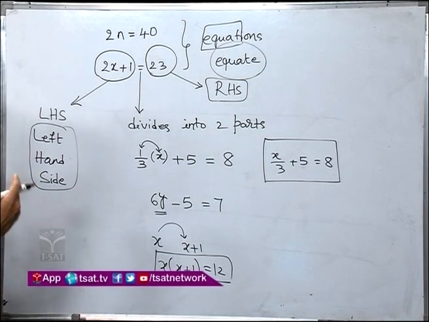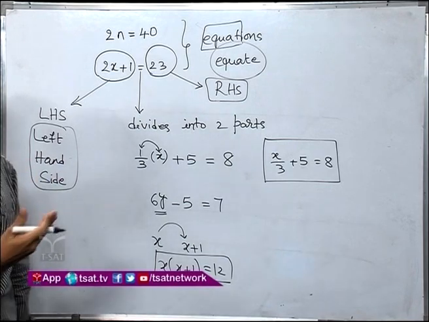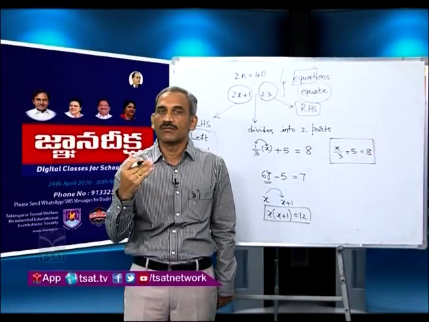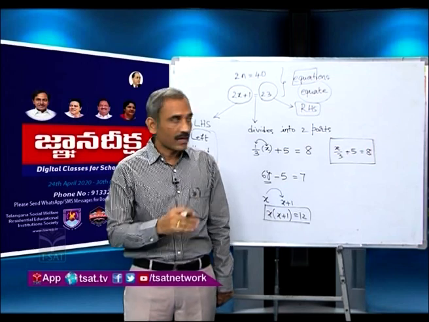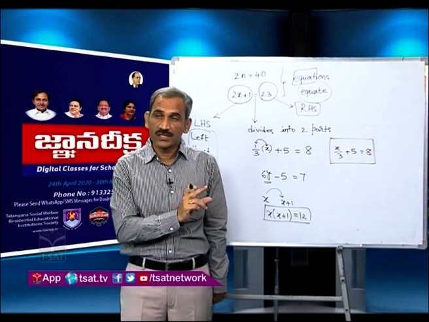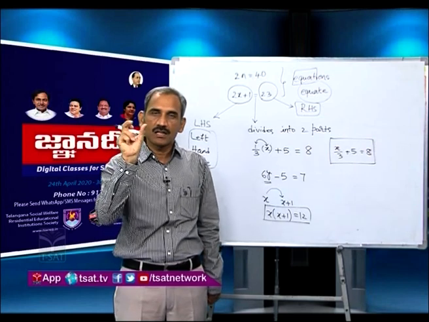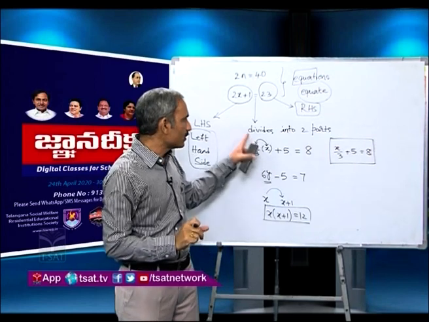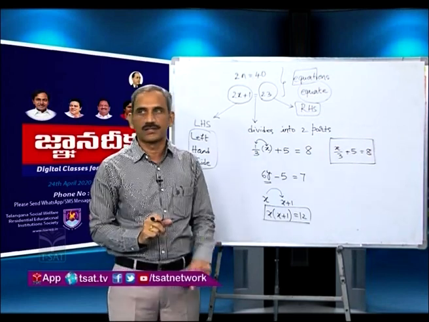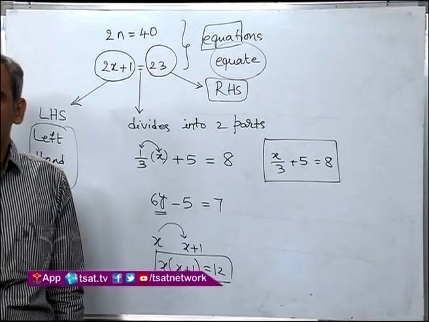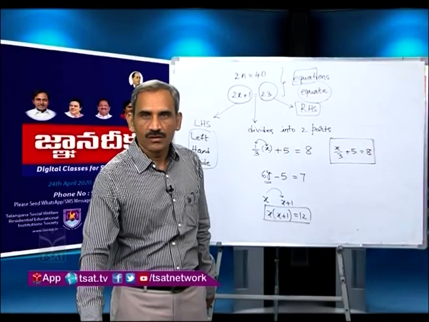Like this, we can frame equations based on the given statements, right. Forming the equation is also very important. If you understand the statement correctly, only then are you able to form the equations in a correct way, right. Now, the equations we formed like this.